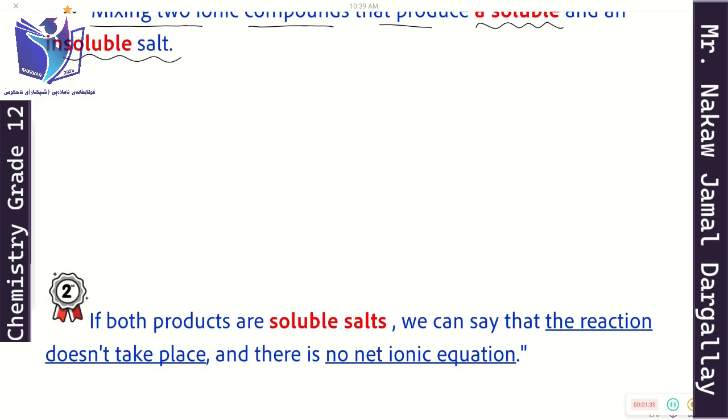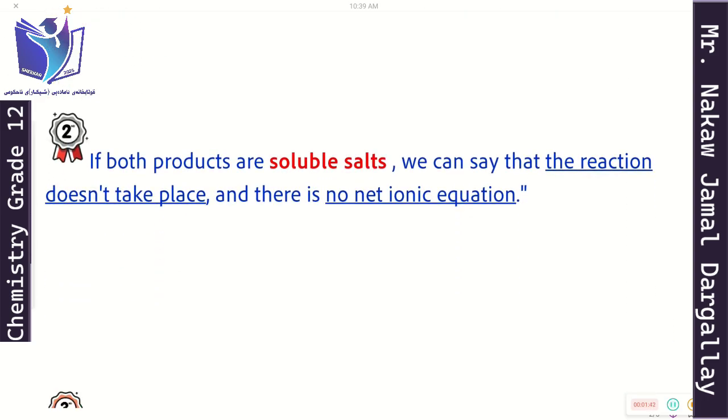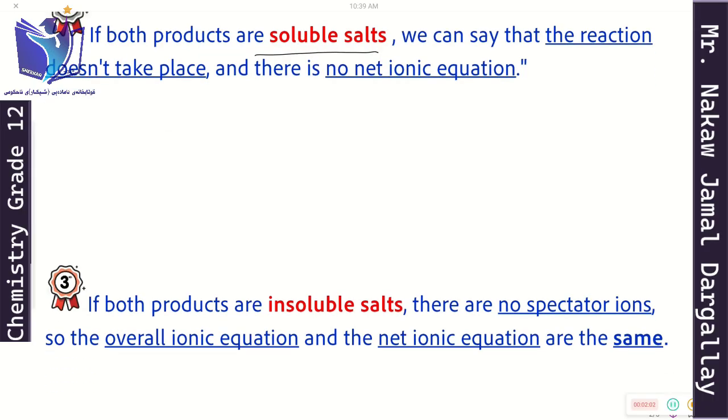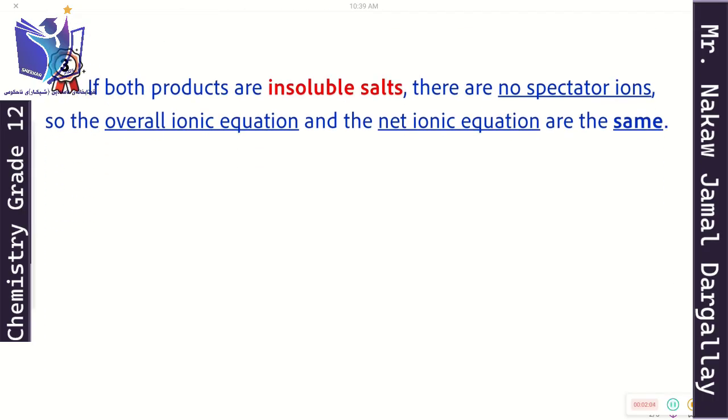The second case is mixing two ionic compounds which produce two soluble salts. That means both products are soluble. And the last case is if both products are insoluble salt. Let us begin with the first case.